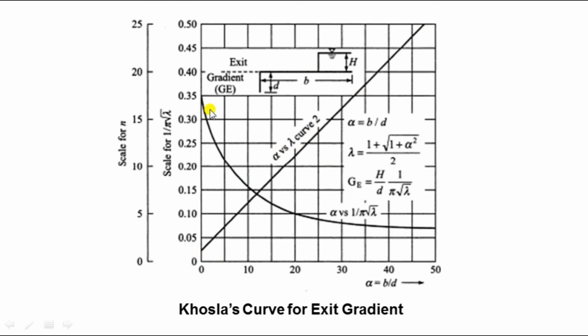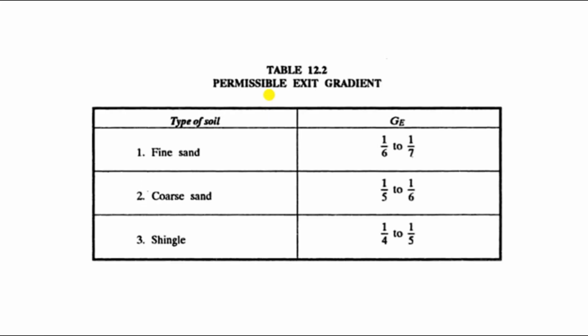So this is the alpha versus lambda curve, and that is the value of exit gradient. If alpha increases, like B by D ratio increases, the exit gradient decreases. Exit gradient decreases, so water safely passes out through that soil, and that cannot affect the bed of the foundation. And those are the permissible exit gradient, like GE. That is the value of GE.